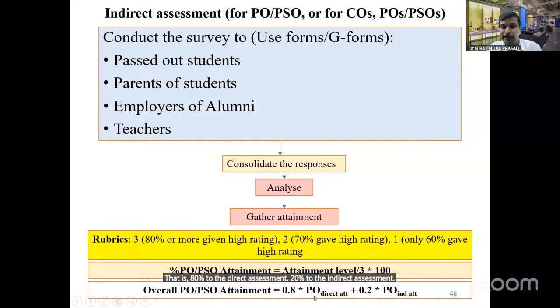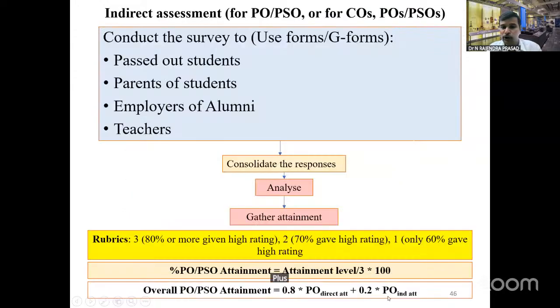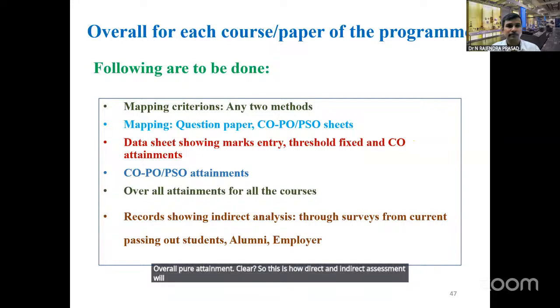So 0.8 into attainment in the direct assessment, how much? That is 1.5, plus 0.2 into attainment from the indirect assessment. You will get the overall PO attainment. Clear? So this is how direct and indirect assessment will be done.